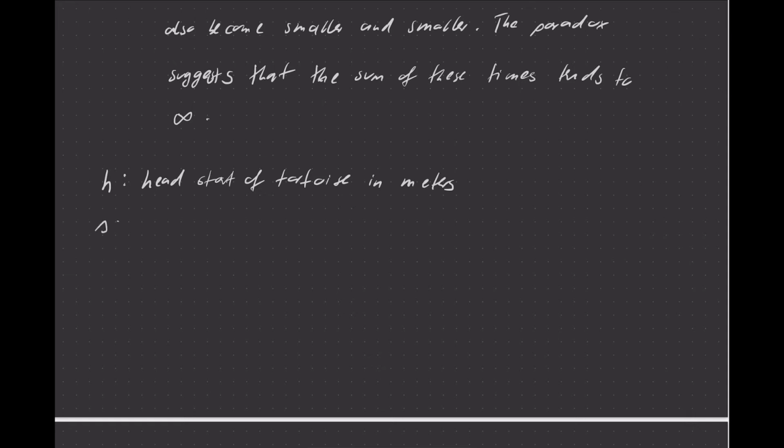So small s is the speed of the tortoise. Let's say we measure that in meters per second. And capital S is the speed of Achilles, again in meters per second.